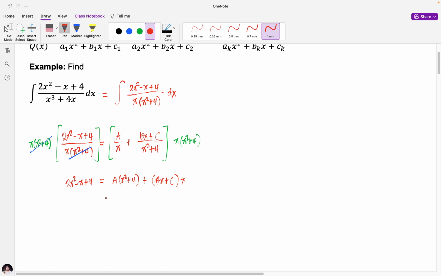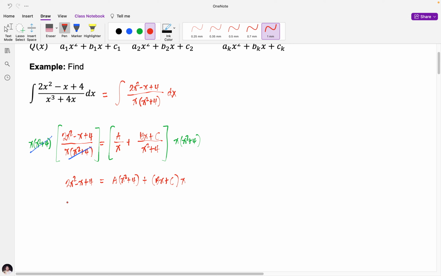In this case, it is not easy to find a value of x that will make some variables equal to 0. So another way here is to collect the same terms, meaning we will combine like terms.